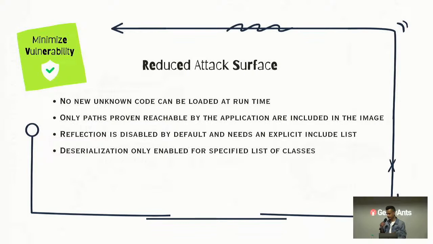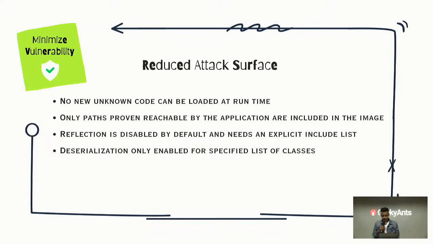And next, reflection is disabled by default. This is a positive point as well as a negative point. As you know, reflection helps a lot in Java coding, but it's disabled by default, though it gives you the option to configure and enable reflection as well. If you provide instructions to GraalVM, it will include those features according to your instruction. It's not like it will include them by default.